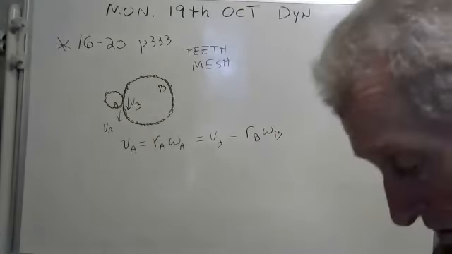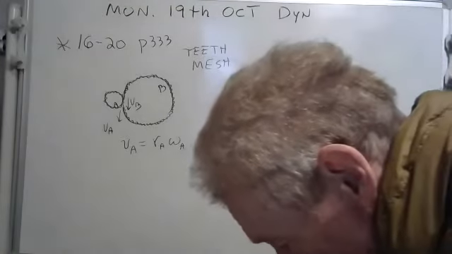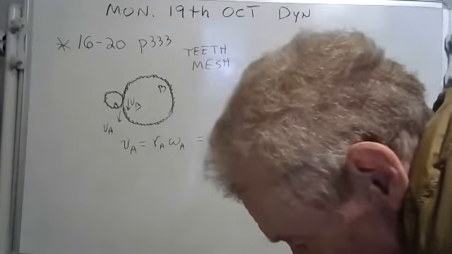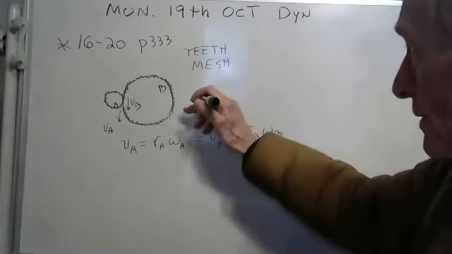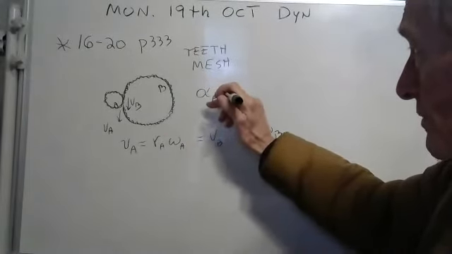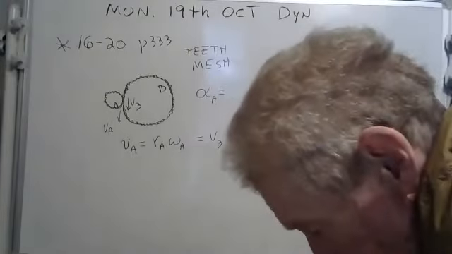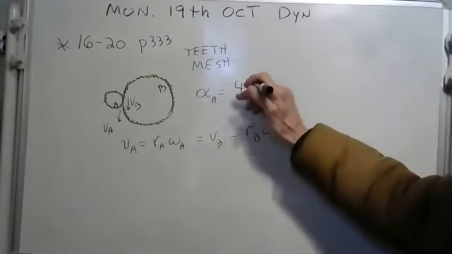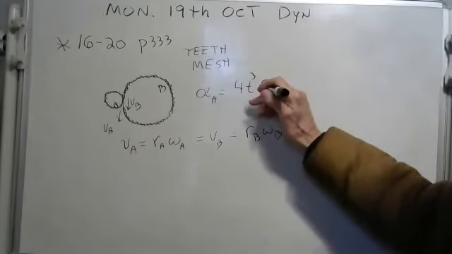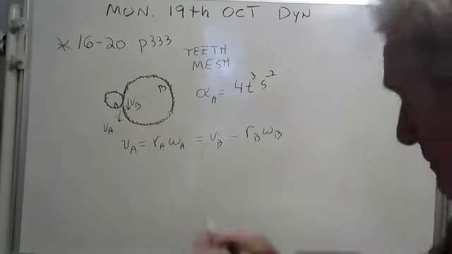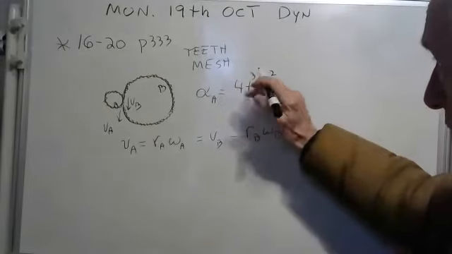Okay, well, let's see what they told us. They said here, the angular acceleration of A, let me write this down here. The angular acceleration of A is 4t cubed radians per second squared. Can you read my writing?